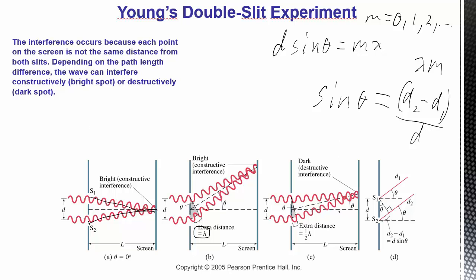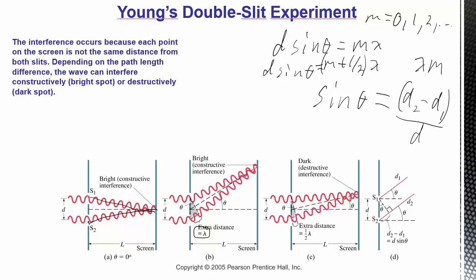Okay, to get the dark spots, you need this to be off by a half a wavelength. So instead of this being m times lambda, it's going to be m plus a half times lambda. That is going to give us the angle to our dark spots, and an equal sign in there.